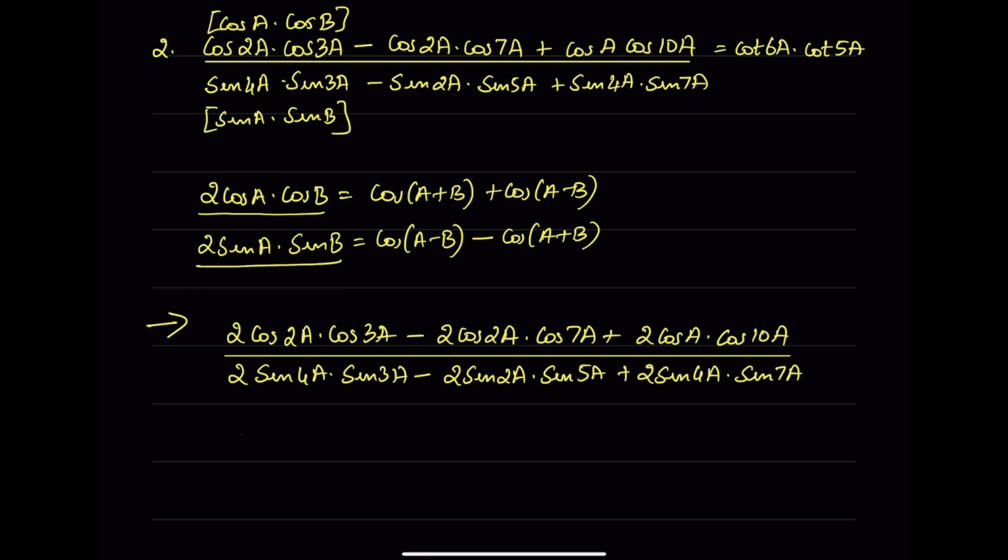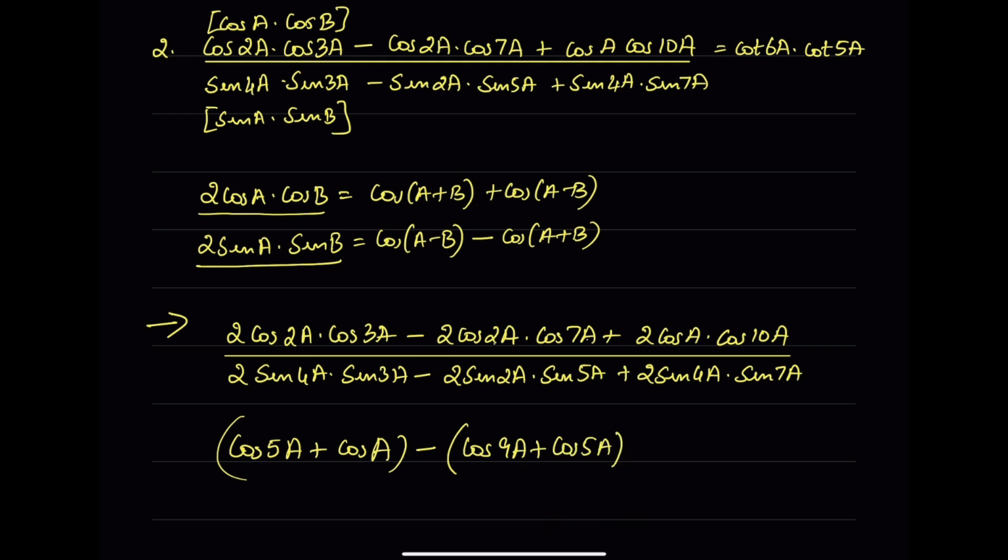Now let's apply the formula. The numerator, for the first term, would change to cos of (a plus b) plus cos of (a minus b). So this would be cos 5a plus cos of (2a minus 3a), and cos of minus a is cos a. Minus, the second part would be cos 9a plus cos 5a.